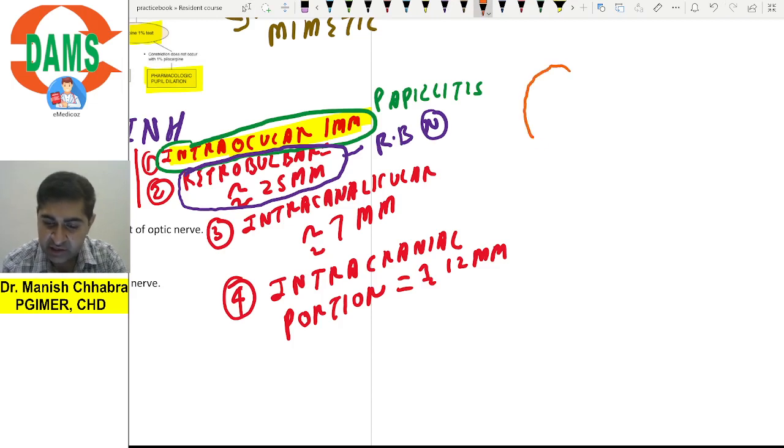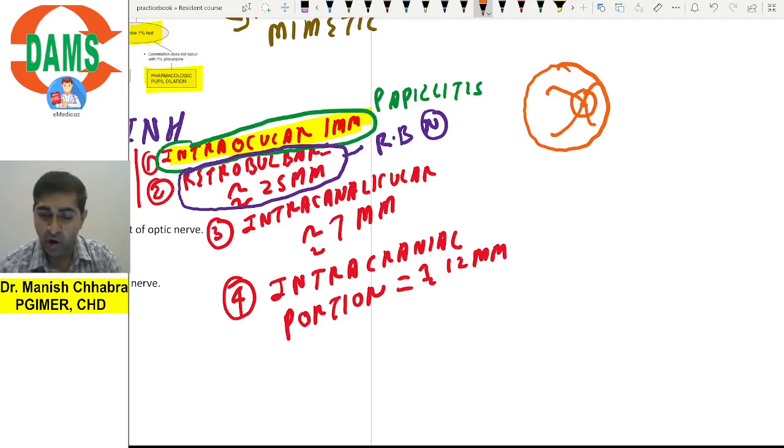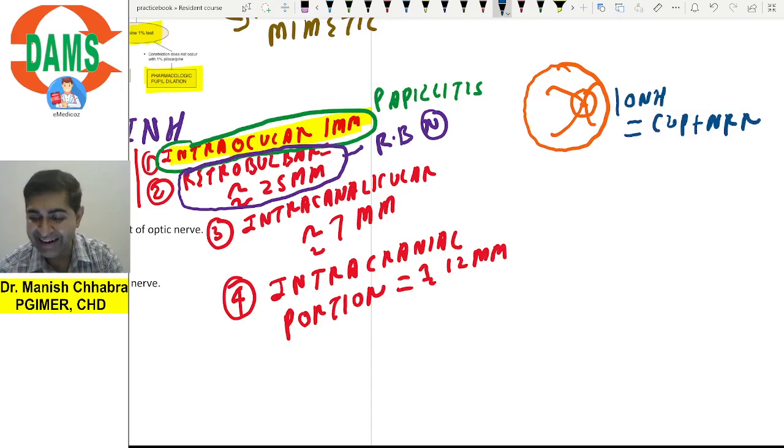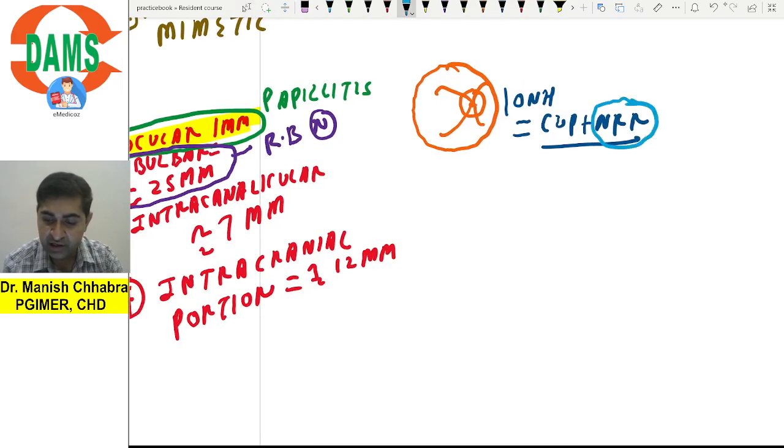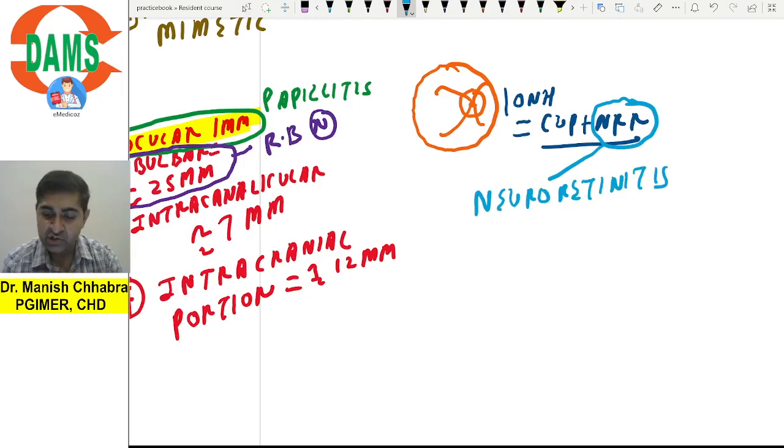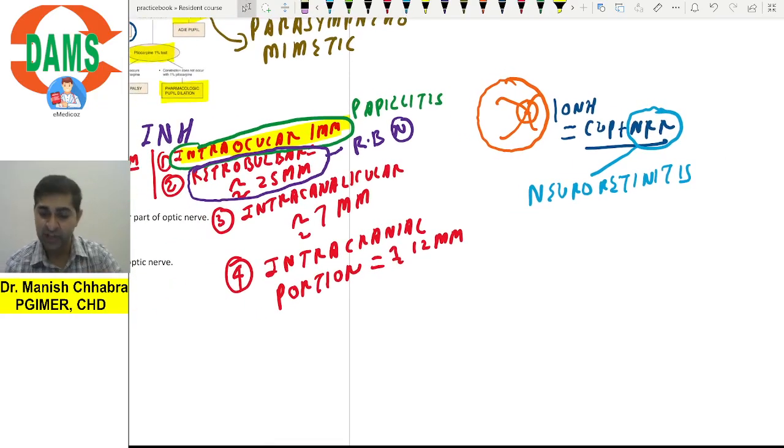This is your retina, this is your optic nerve head. The optic nerve head consists of the cup plus the neuroretinal rim. If there is just inflammation of the neuroretinal rim, you call it neuroretinitis.